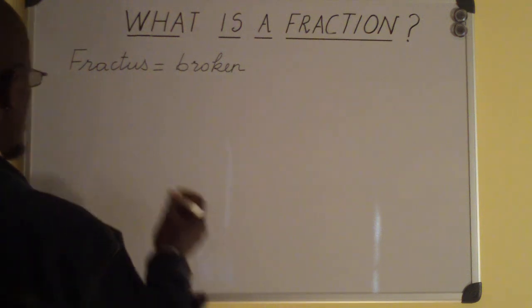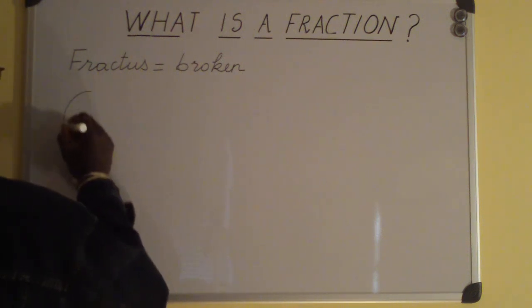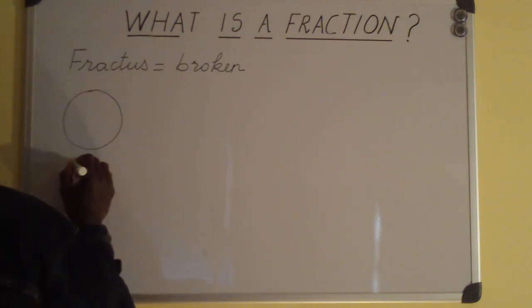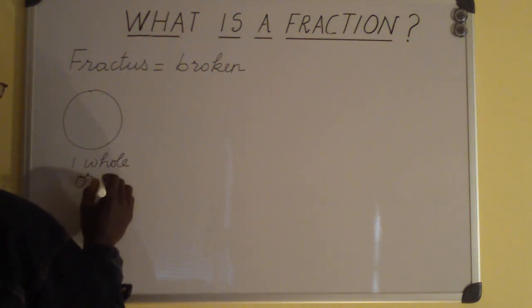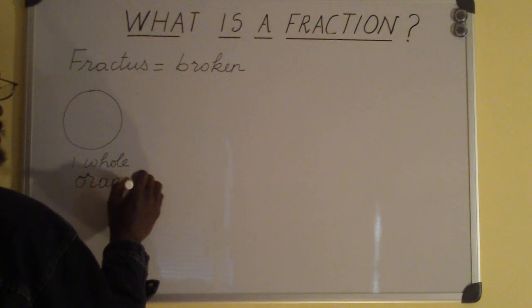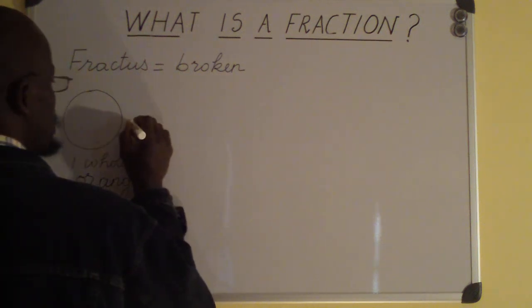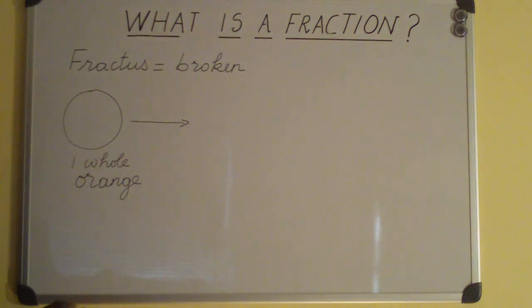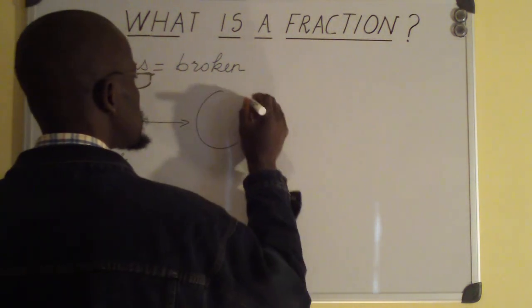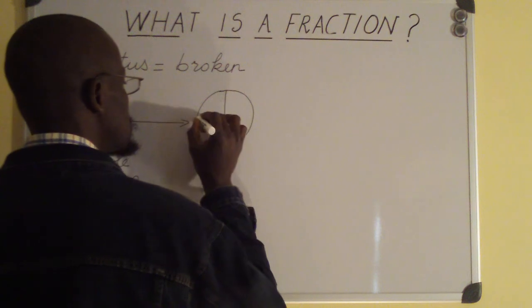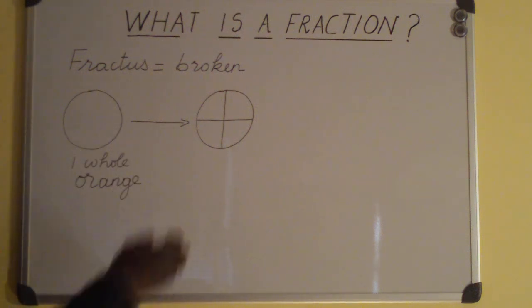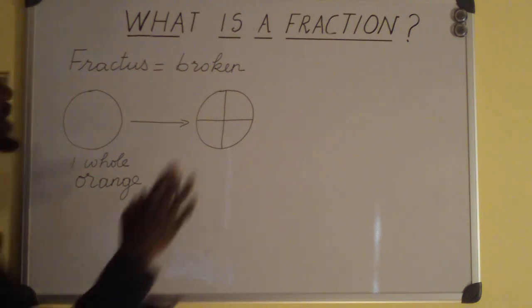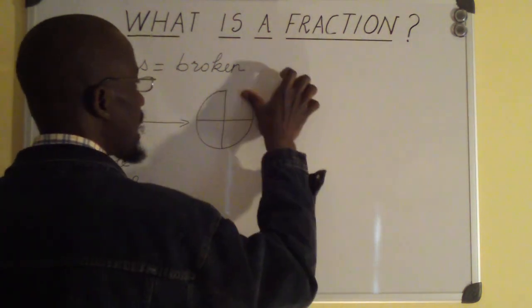For example, if I draw an orange, a whole orange, one whole orange, and decide to break this orange into 4 equal parts, here I have a whole orange, and I decide to break it into 4 equal parts and throw away one of the 4 parts, like this.